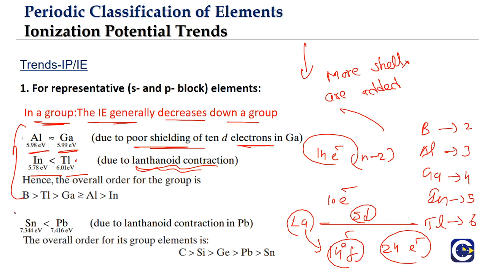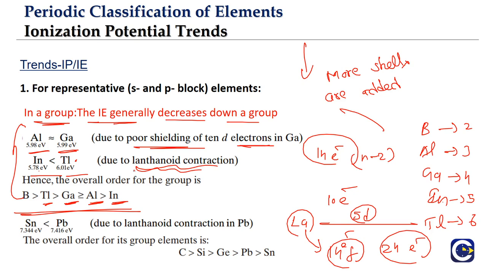So what is the actual order? This is the actual order: boron is more than thallium, more than gallium, more than aluminum, more than indium. So we see two anomalies coming here. What are the two anomalies? One is in the case of aluminum and gallium, the other is in the case of thallium.